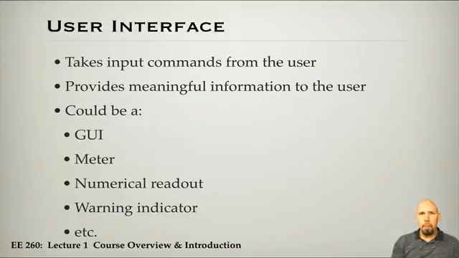So, for example, a screen with a mouse or an arrow. Or the output could be visual in the form of a meter, a numerical readout, some kind of a warning light or indicator, etc. So basically, the user interface takes whatever information the user is going to give, and it returns back to the user information that's useful to the user.